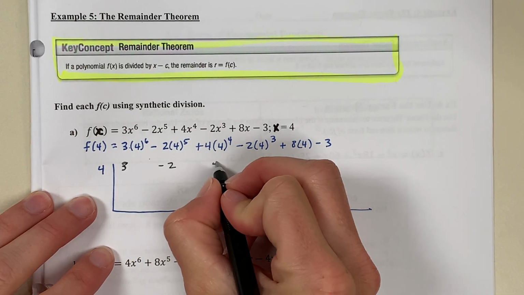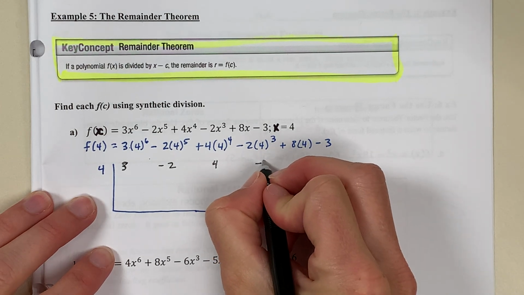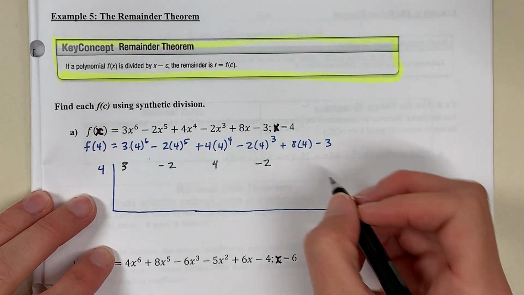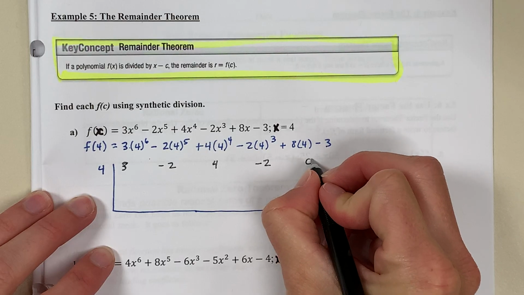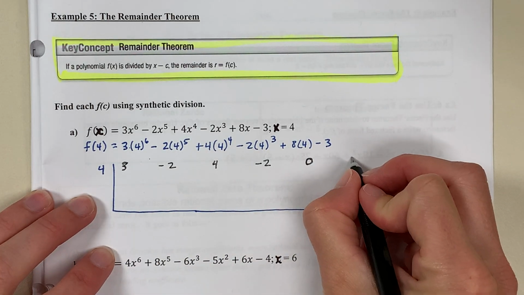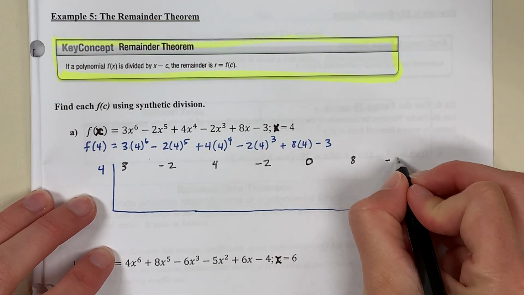The 4th power has a coefficient of 4. The 3rd power has a coefficient of -2. The 2nd power is not listed. I still have to account for it, so I'm going to put a 0 where there's x to the 2nd power. X to the 1st power is 8. And x to the 0 power is -3.